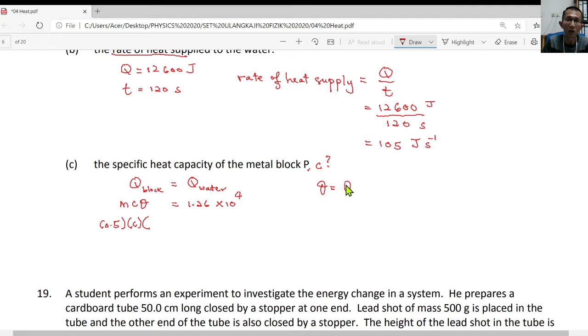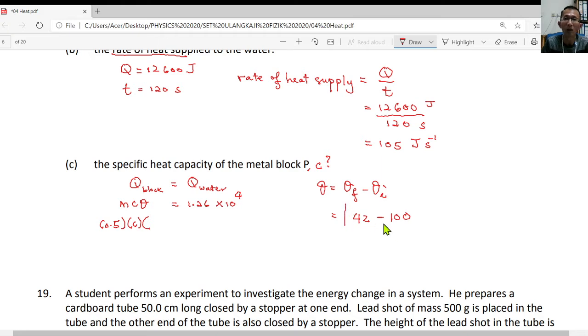Remember, theta equals final temperature minus initial temperature. Our final temperature is 42, and our initial temperature is 100. Can you see that this will become negative?